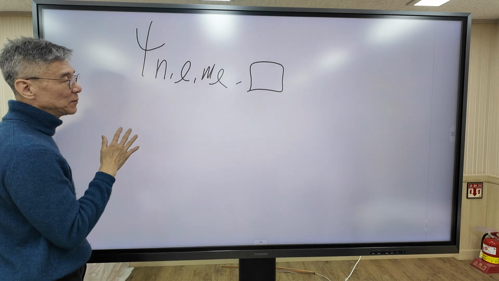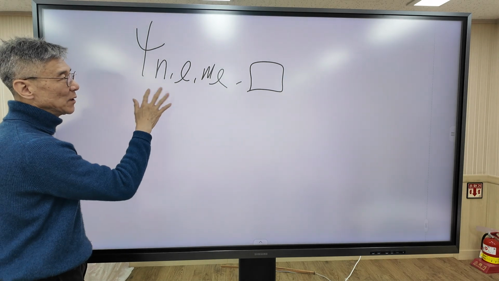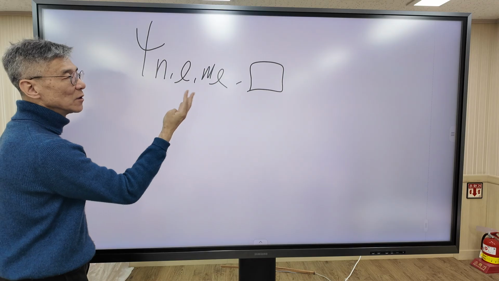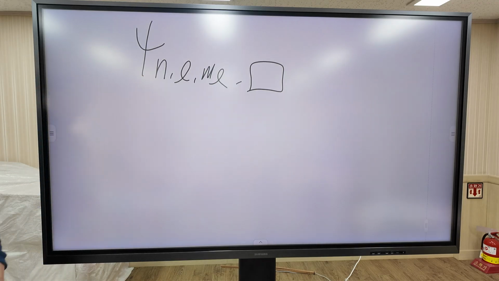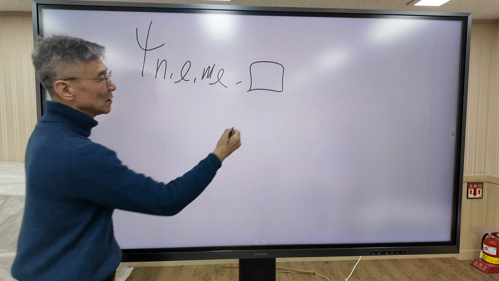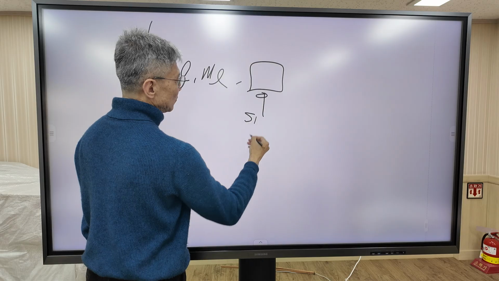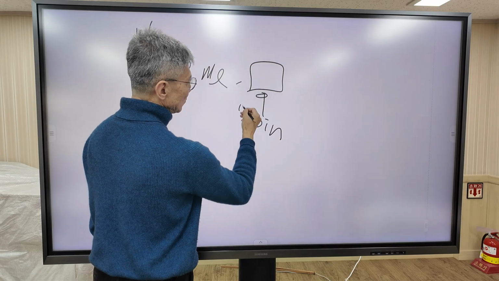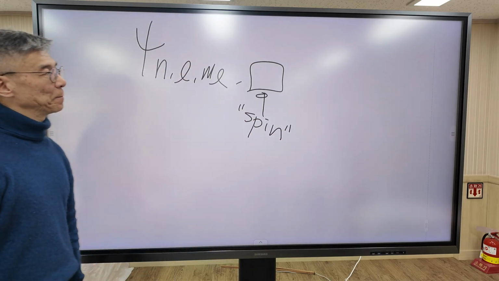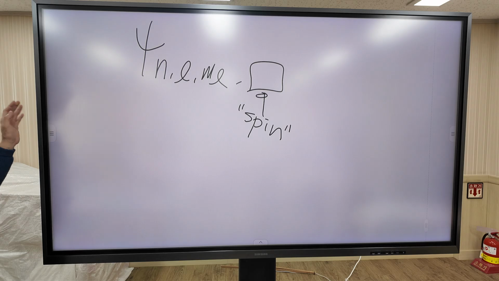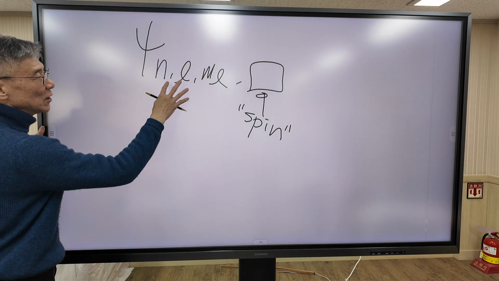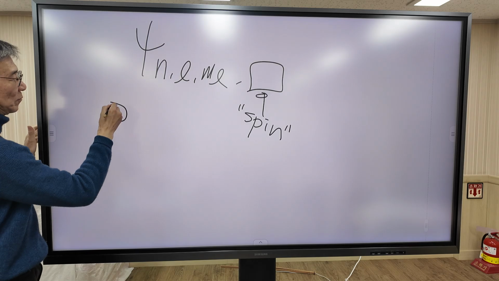To explain them, a 4th quantum number is needed. As you know, this 4th quantum number is called the spin quantum number. The next topic is spin. The 4 experimental observations that cannot be explained using only 3 quantum numbers are these.